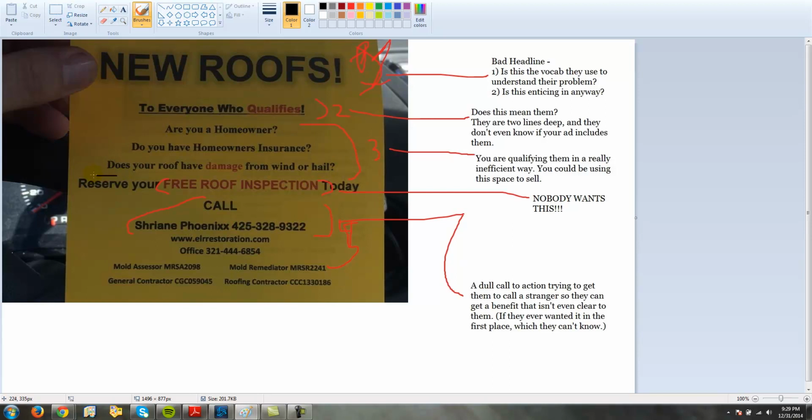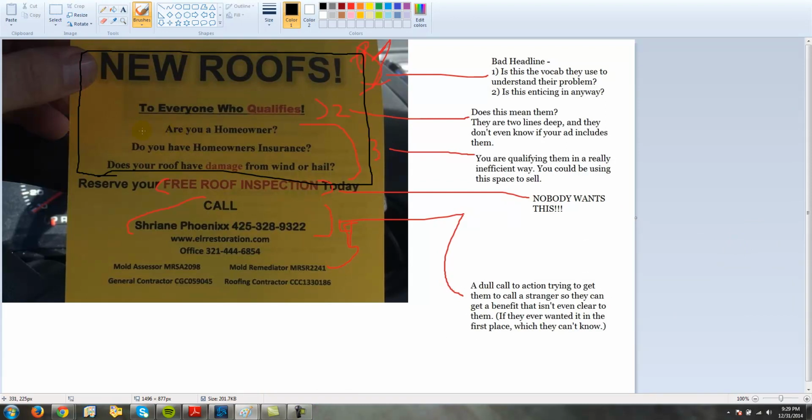You're basically taking half of your ad right here to badly explain one concept, and we're going to fix all of the problems made by these 3 mistakes just by fixing the headline alone, and we're going to get to that in video 3.